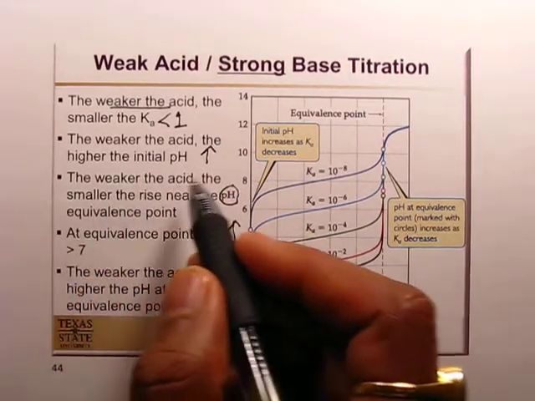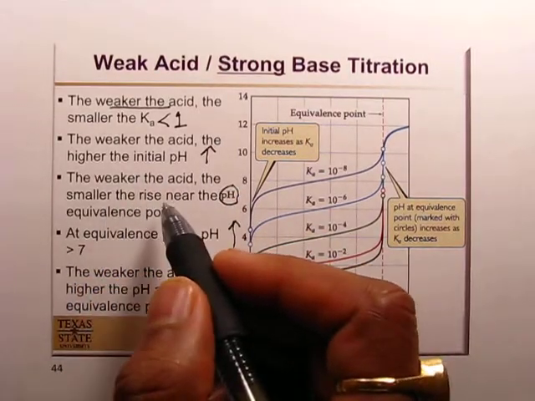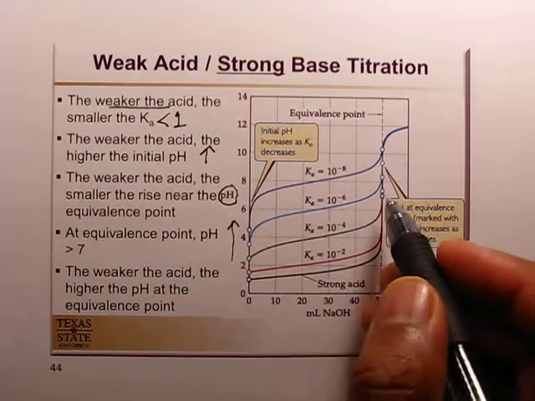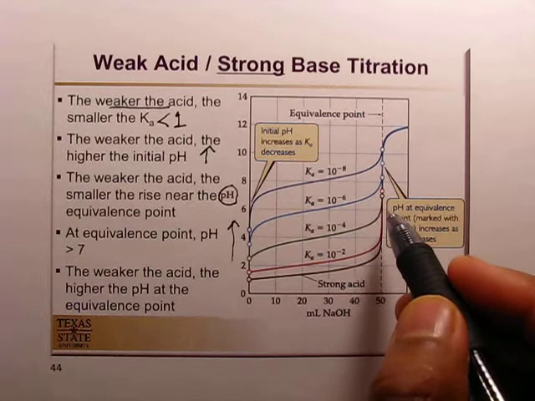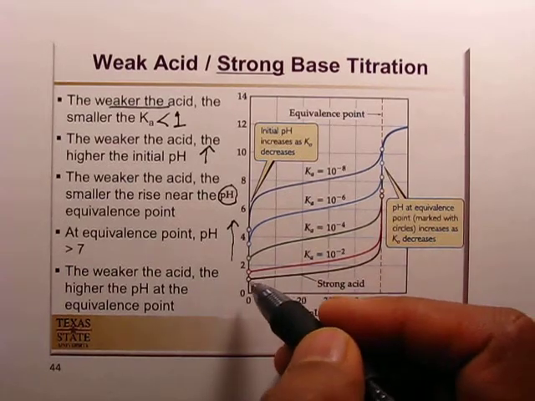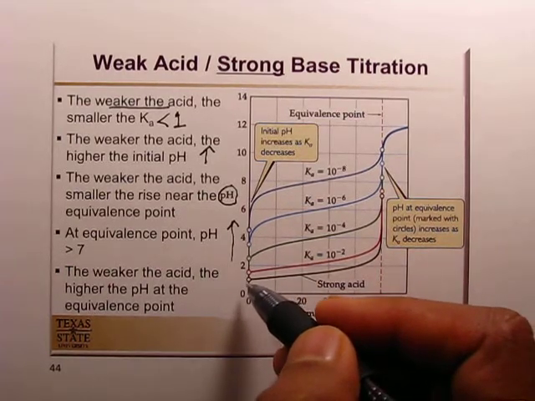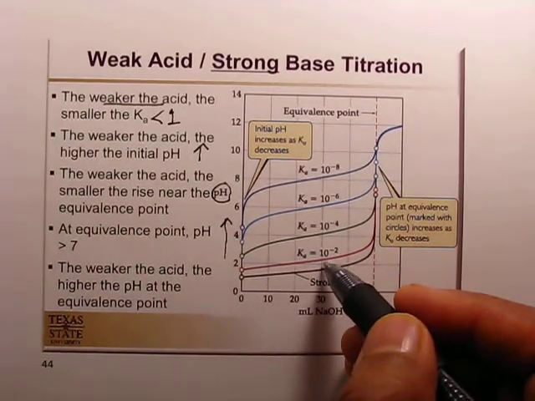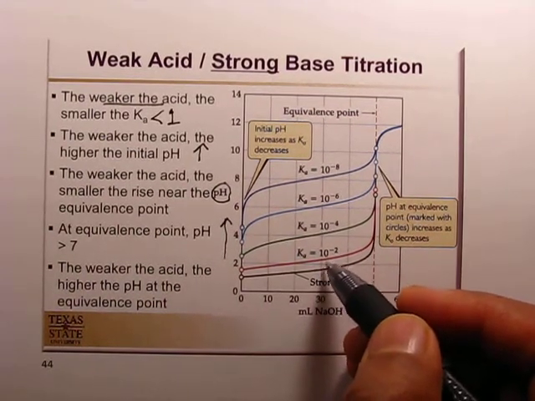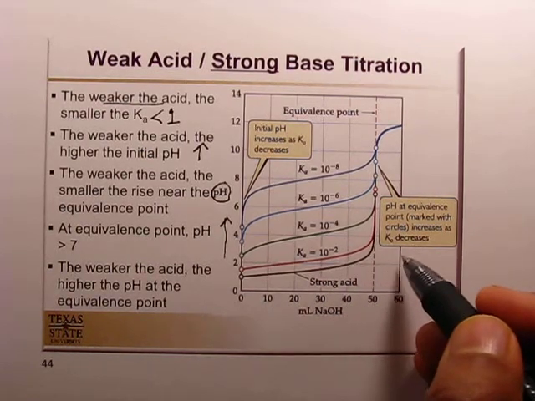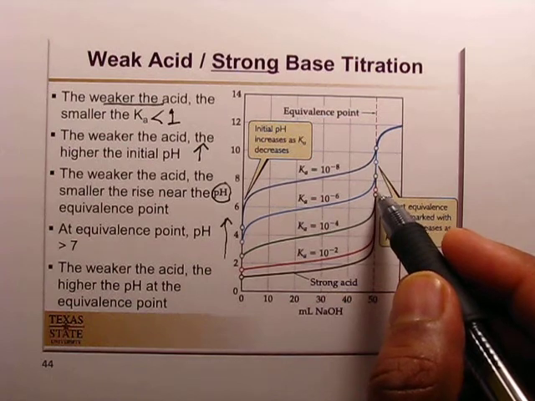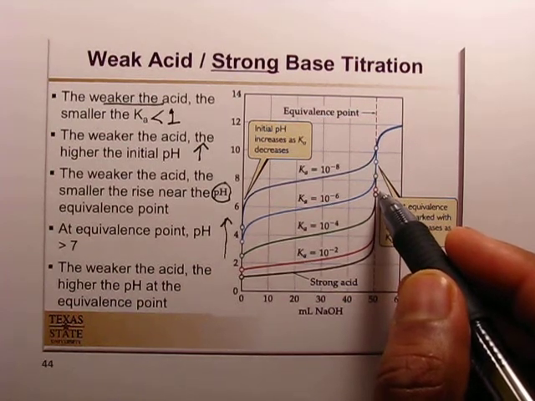The weaker the acid, the smaller the rise near the equivalence point. Here you can see the equivalence points are in this region. For the strong acid, which has a pH of 1 or 2, if you see these two lines, the black line and red line, their equivalence points are very near to 7.